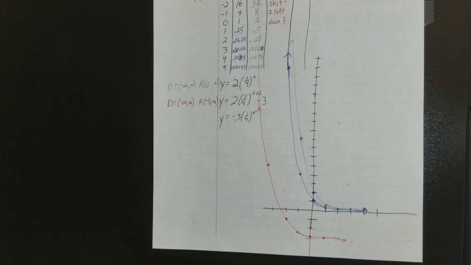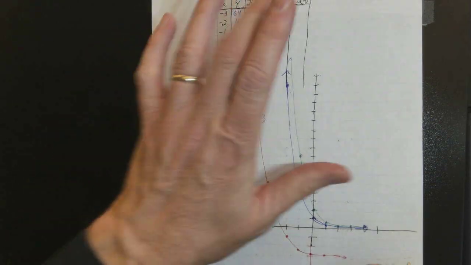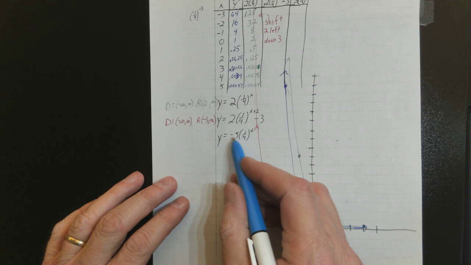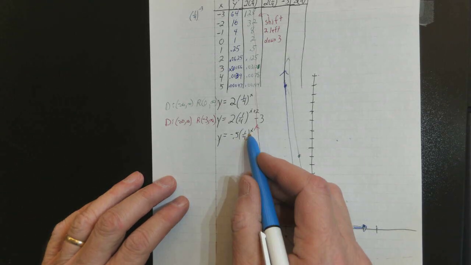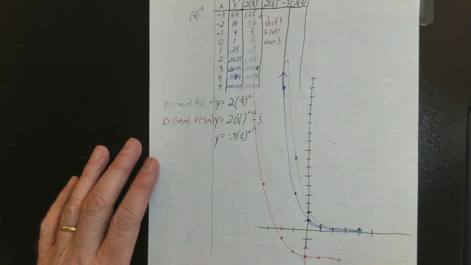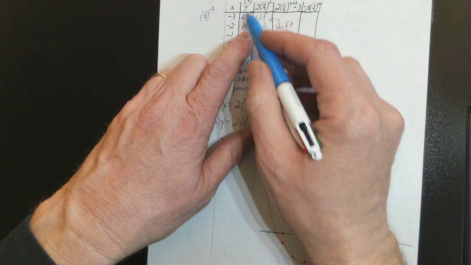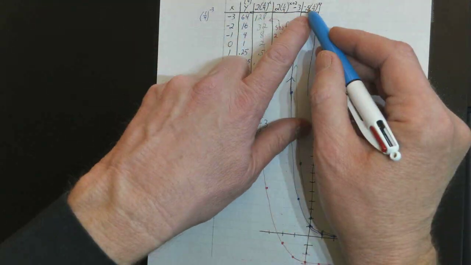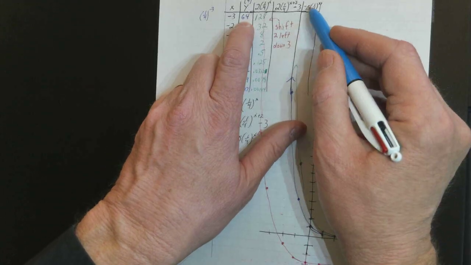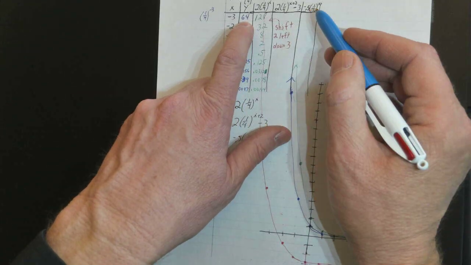Let's do one more. This last one, it's y equals -0.5 times 1/4 to the x. So here's 1/4 to the x. All I need you to do is multiply this column by -0.5.